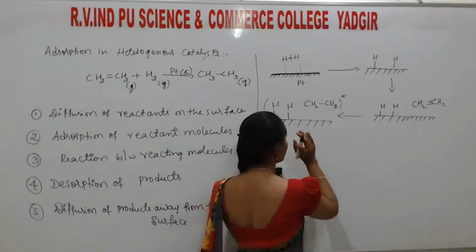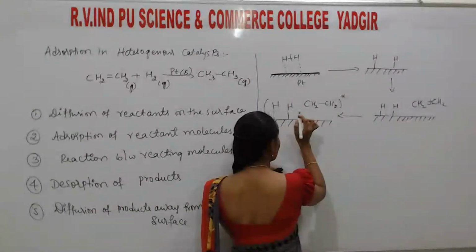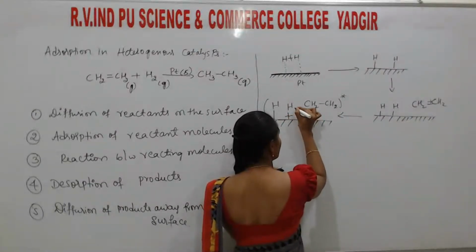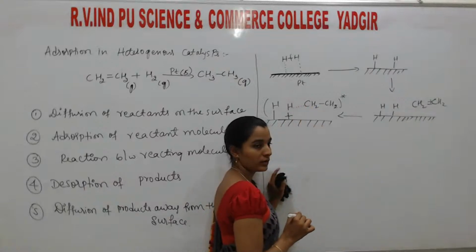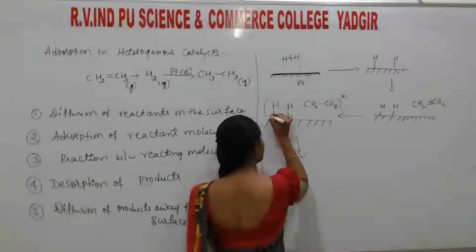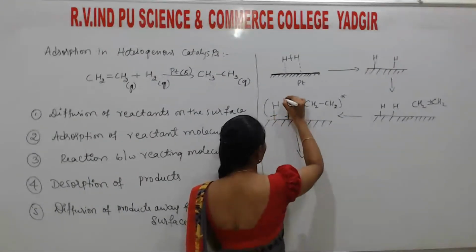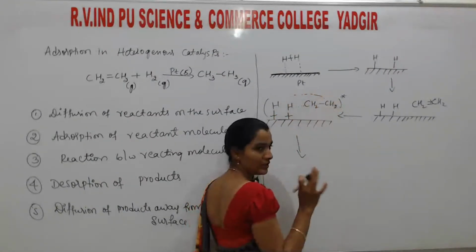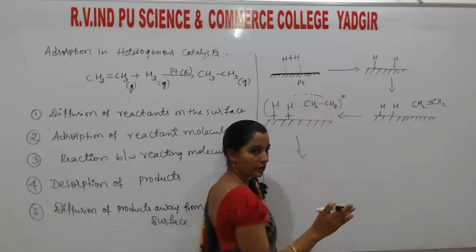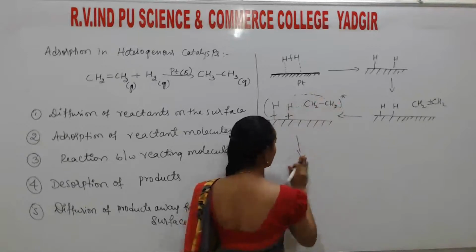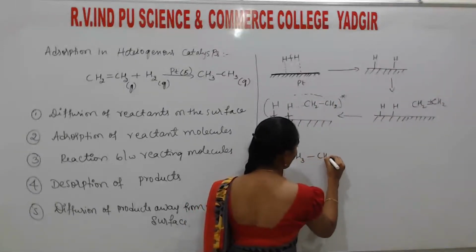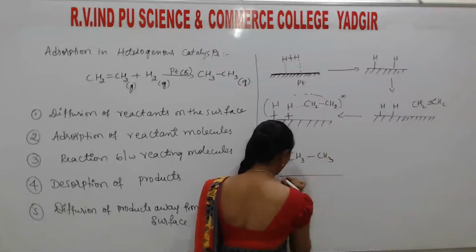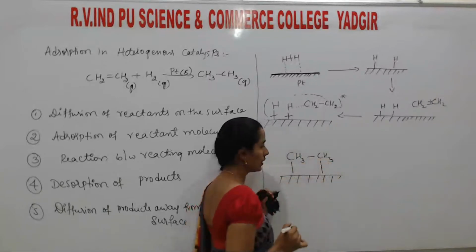So this is high in energy. Then this will break the bond here and form the bond here. Similarly, this will break the bond here and form the bond here. At the same time, breaking of the bond takes place. So it will be like CH3-CH3. Here is the surface, then it is here. It will be like that.